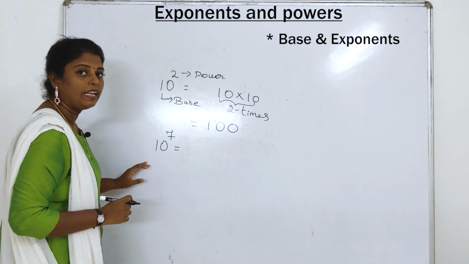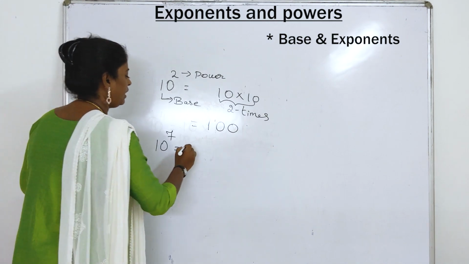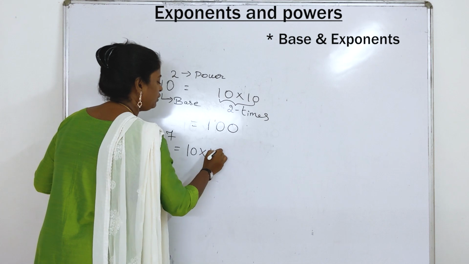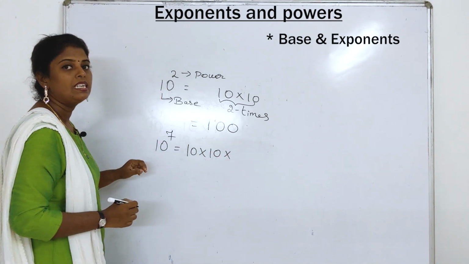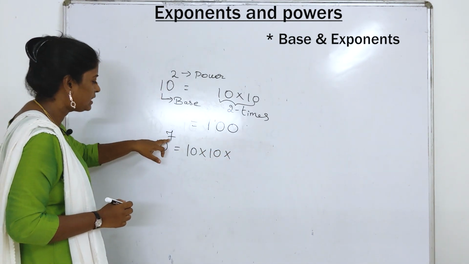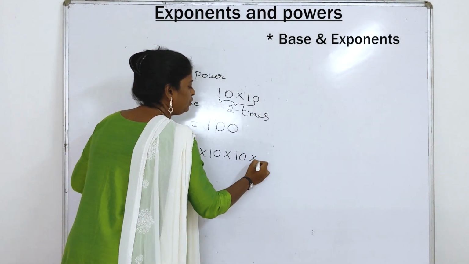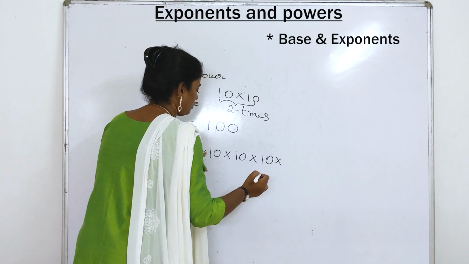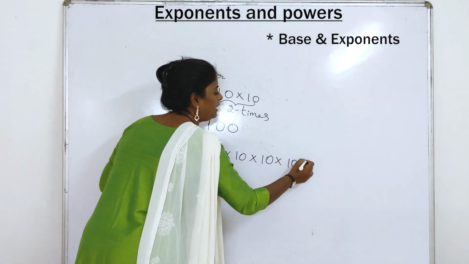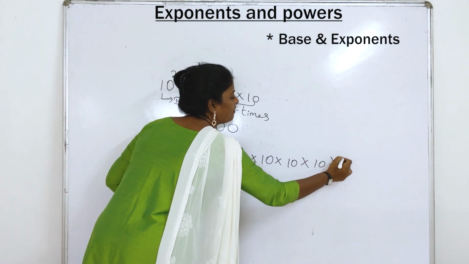And now 10 power 7 is nothing but 10 into how many times? It is 7 times because the power is 7. So we are multiplying the 10, 7 times: 1, 2, 3, 4, 5, 6, 7.